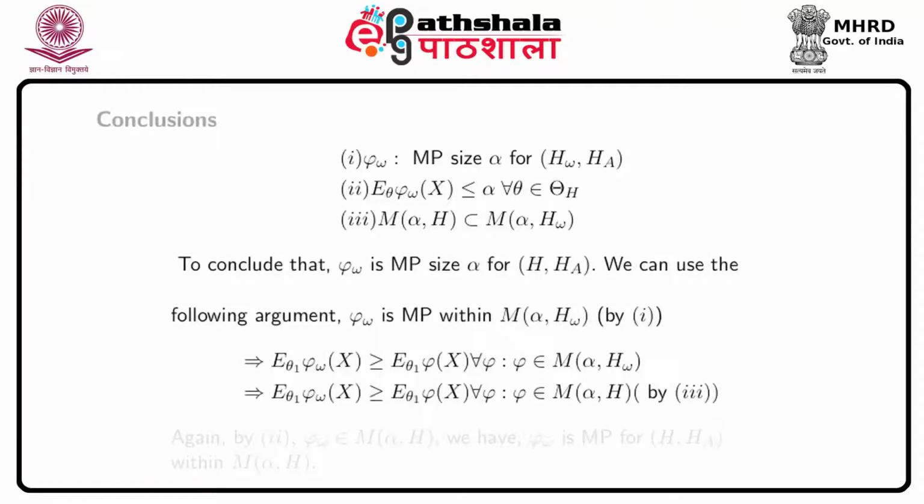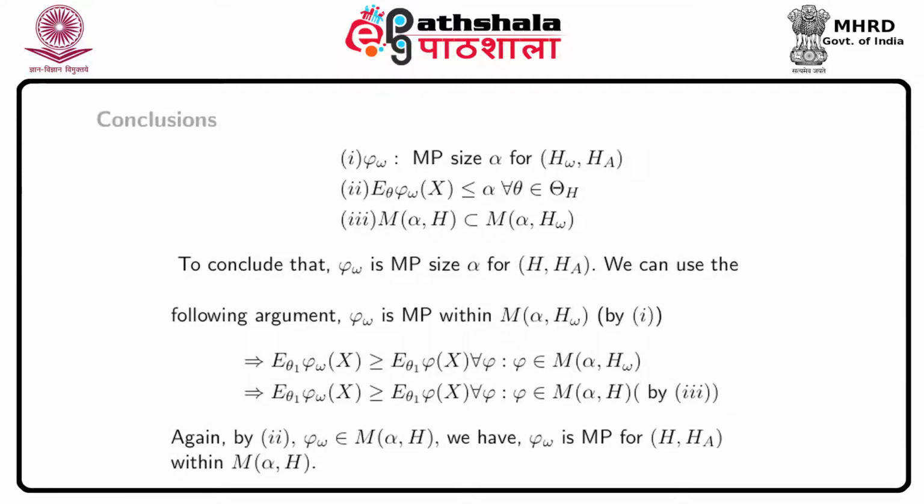To conclude that phi_w is MP within m_alpha(H_w) by statement 1, that implies E_theta phi_w(X) is greater than or equal to E_theta phi(X) for all phi belonging to m_alpha(H_w). That implies E_theta1 phi_w(X) is greater than or equal to E_theta1 phi(X) for all phi belonging to m_alpha(H) by statement 3.